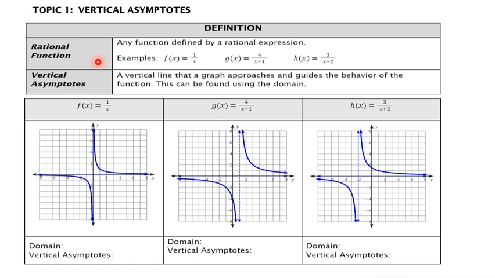The first thing we're going to focus on are vertical asymptotes, and you might remember graphing vertical lines back in Math 1. A vertical asymptote is a vertical line that a graph approaches or that guides the behavior of the function, and this can be found using the domain. You're going to see a lot of times there's a correlation between the domain and vertical asymptotes.